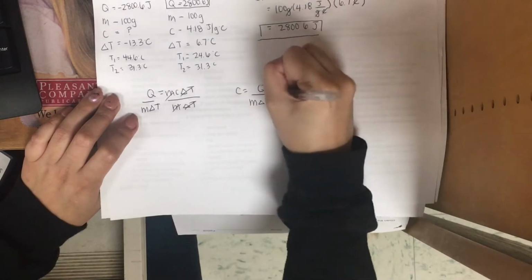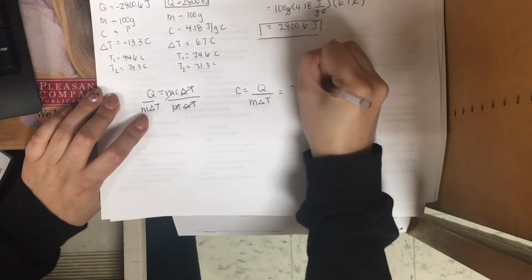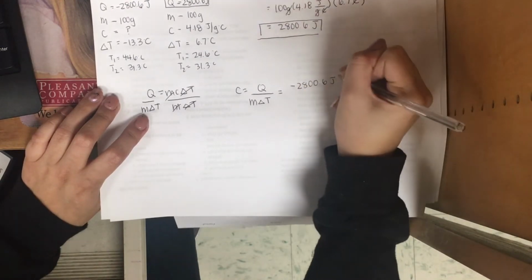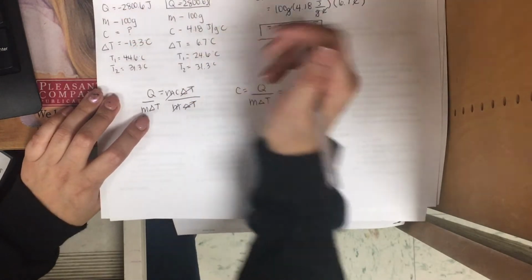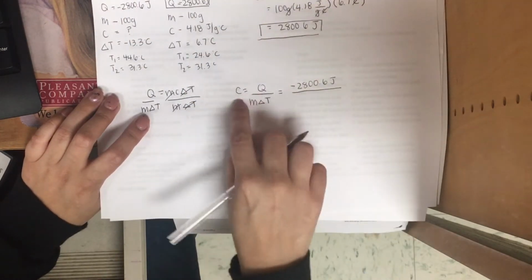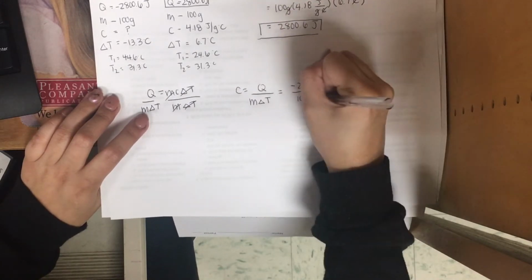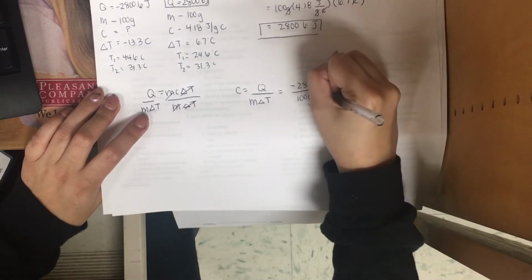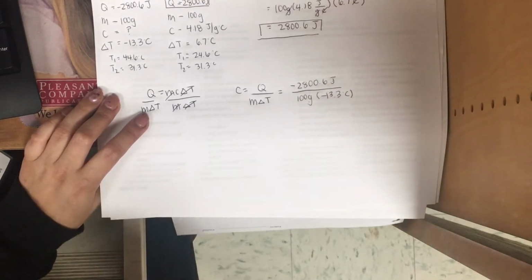We go ahead and plug in all of our numbers. This is negative, don't forget, it is releasing energy, so we need to make it negative. It's also decreasing in temperature, so you'll see those negatives cancel out eventually. C's always got to be positive, right? Mass is 100 grams, and my ΔT already calculated was negative 13.3 degrees Celsius. None of my units cancel out.